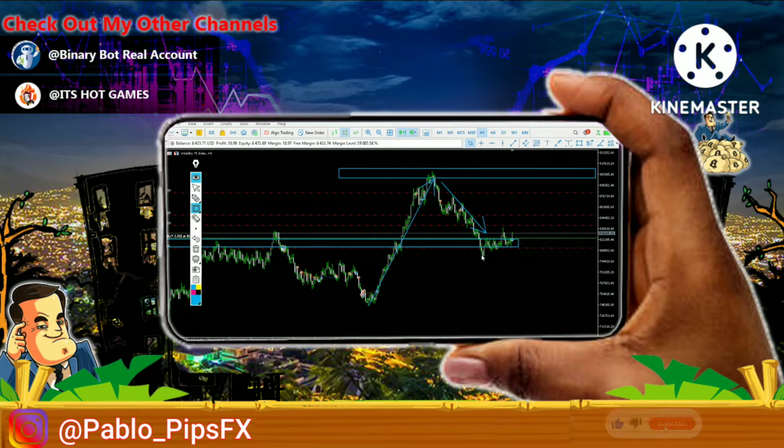So here, guys, we can see that price broke this previous area of resistance. Broke it, and then it came plummeting back down, so it rejected right here.